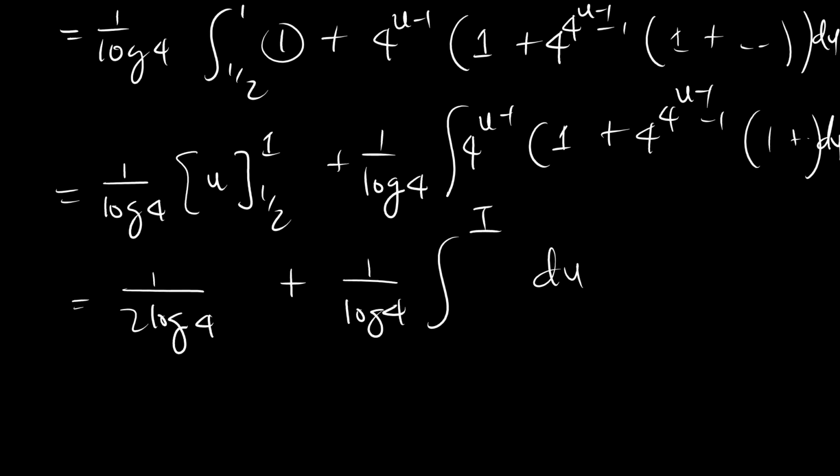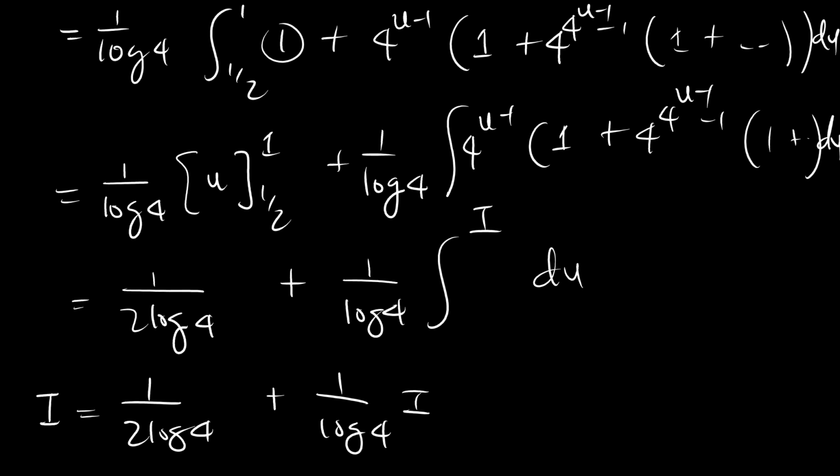We can call it I. Which is interesting, because we can see I is equal to 1 over 2 log 4 plus 1 over log 4 times I.